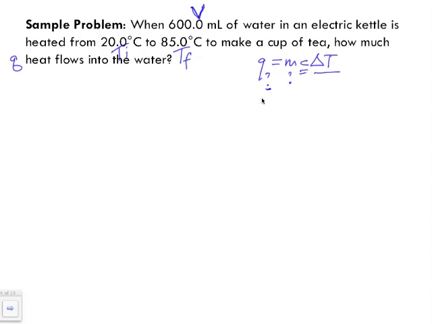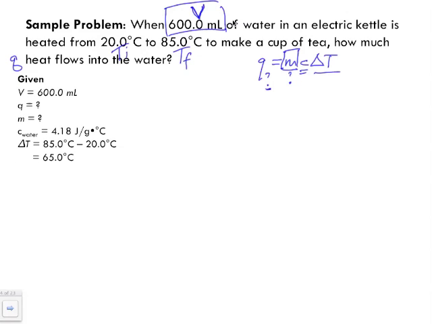In fact, Q is really what we're trying to find, which means somehow in this question I must be able to calculate my mass using the numbers that I'm given. And the only thing that I'm really given here is this volume. So let's look at some of our givens. Always start off with our givens. We've got our volume, which is 600.0 milliliters, but it's not useful to us in this equation. Our Q is what we're really trying to find.